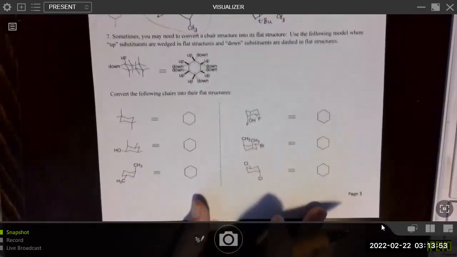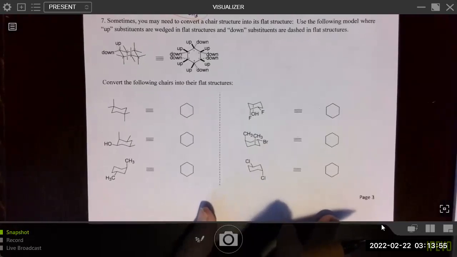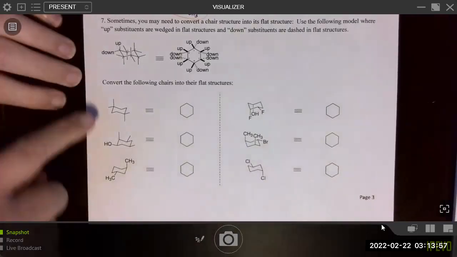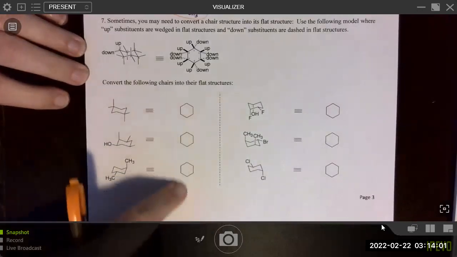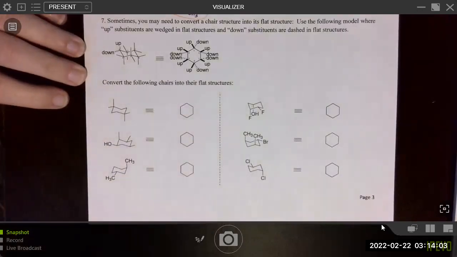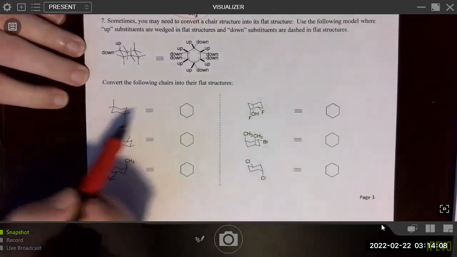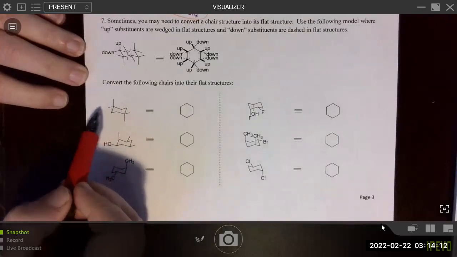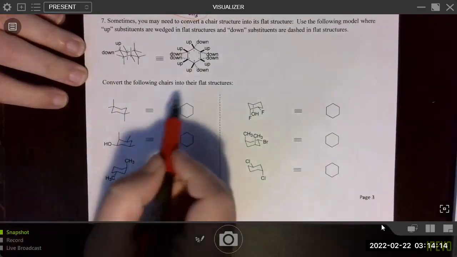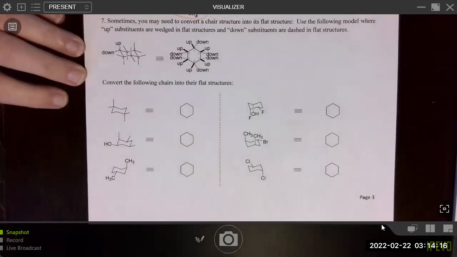And then the last part of the activity talks about converting something that's in a chair conformation back to a structure with dashes and wedges. So we can just look at the fact that up needs to be on a wedge and down needs to be on a dash, and then make sure to follow that when we come over here to the regular dash-wedge notation.